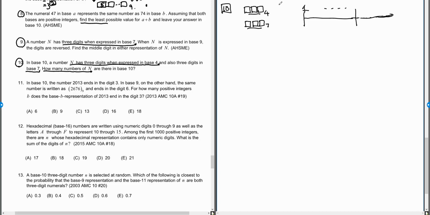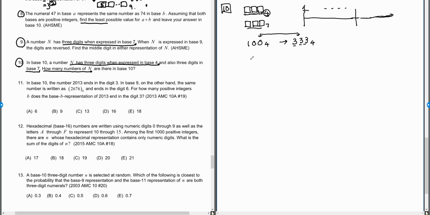This number cannot equal 4. So the 3-digit numbers in base number 4 have a range like this.